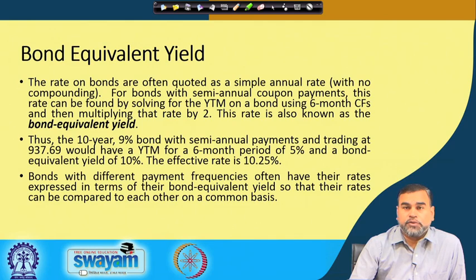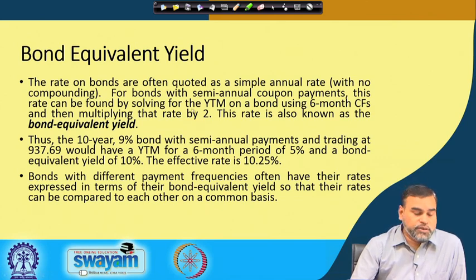The compounding frequency is not considered there. So, whenever the bond coupons are paid semi-annually, the rate can be found by solving for the YTM on a bond using 6 months cash flows and then multiplying that rate by 2. In that case, we call it the bond equivalent yield.